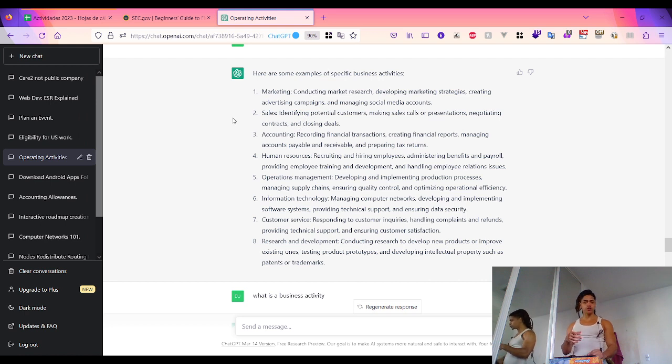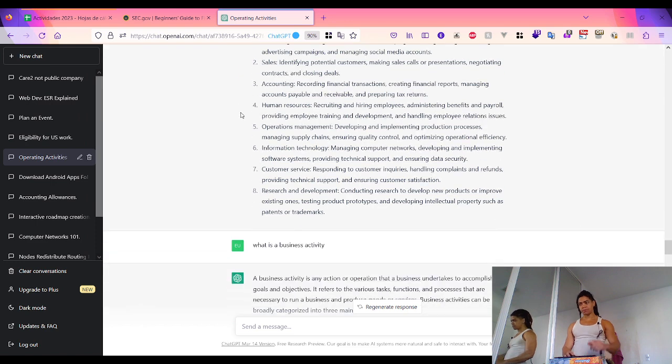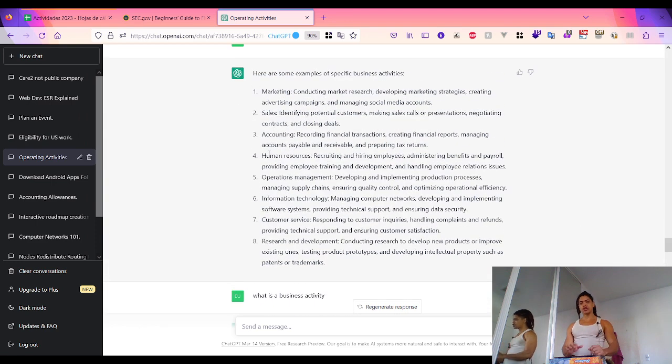Then you have accounting, which is recording financial transactions, creating financial reports, managing accounts receivable and accounts payable, and preparing tax returns.